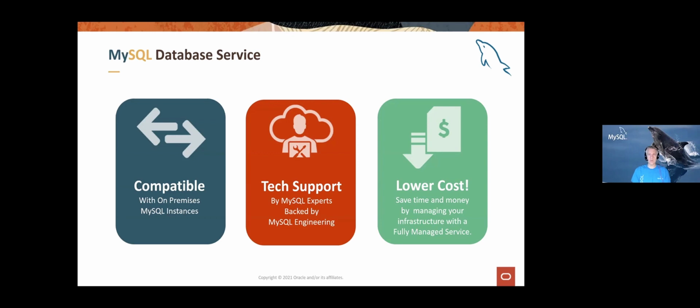It's the same software. And so you can make a hybrid deployment very simply with MySQL, knowing that your application will run the same on-premise or the same in Oracle Cloud.